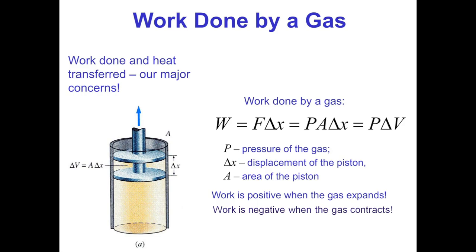If you're able to measure the pressure inside of a system and you know its change in volume as it expands and contracts, then you can calculate the amount of work that that system is either doing on something else if it's expanding, or the amount of work that's being done on it if it is contracting. So this way of writing the formula is very convenient for that reason.